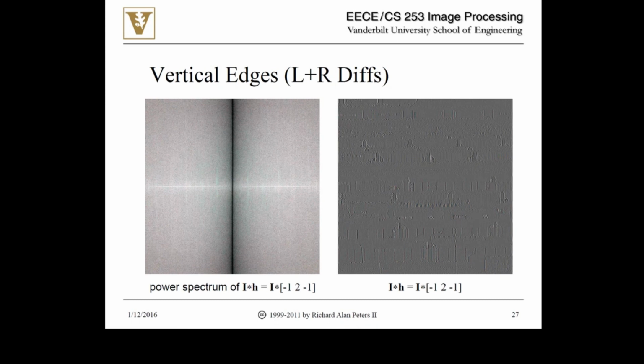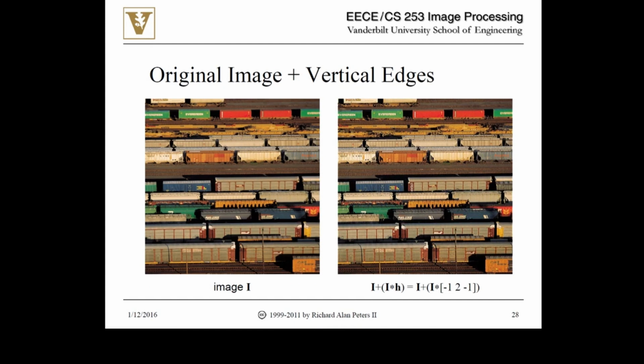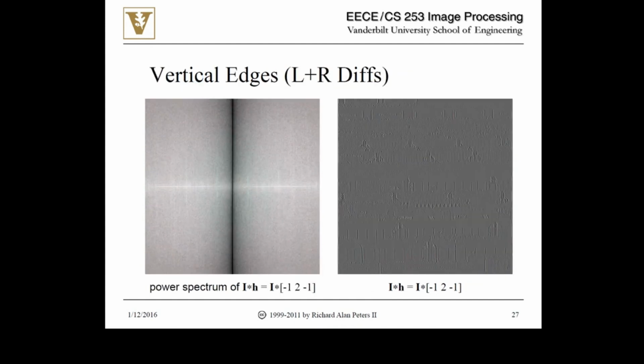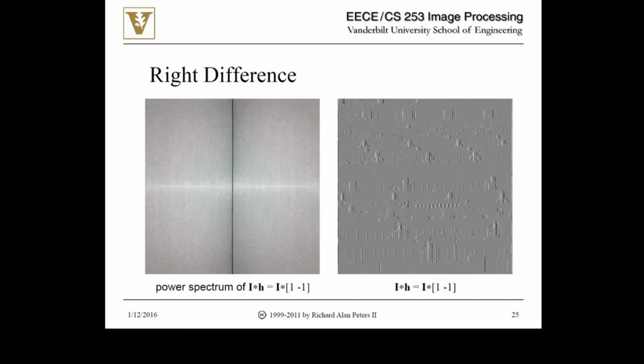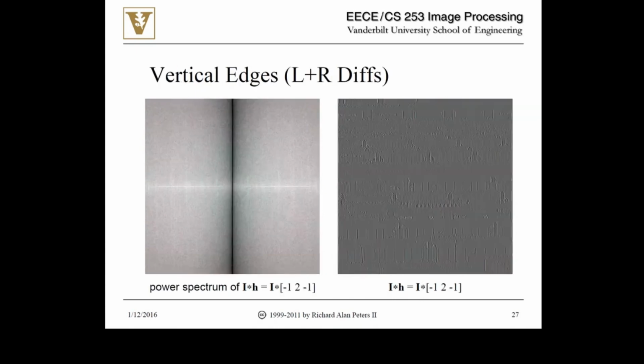Depending on the kernel that you use to detect your edges, you are adding this sharpening. They have slightly different properties, like white and then black, or black and then white, or having more symmetry, and so on.